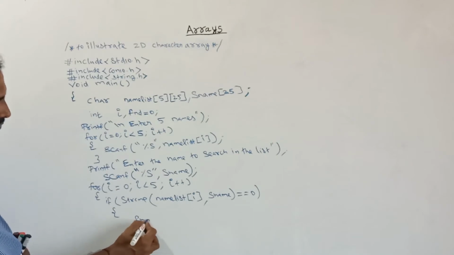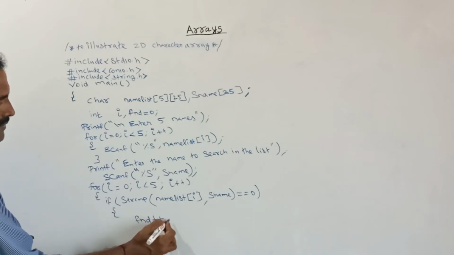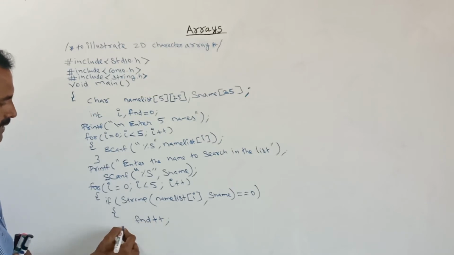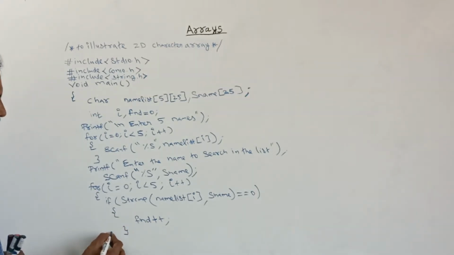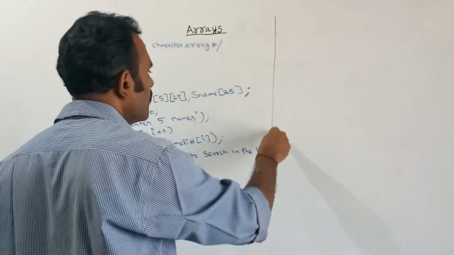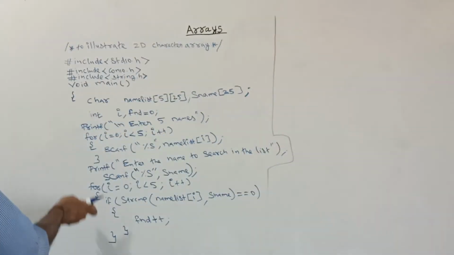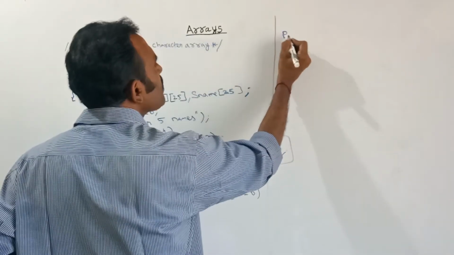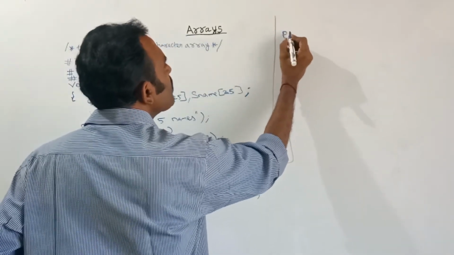So fnd plus plus, the found value will be incremented. Next I am closing this if condition and closing the for loop. See, after finding, finally I should display the number of times the name was found.